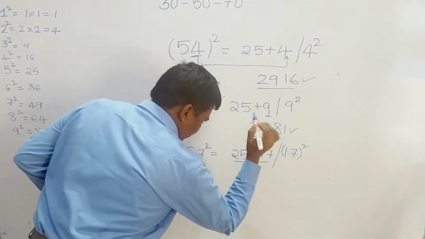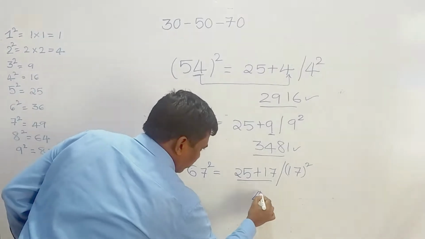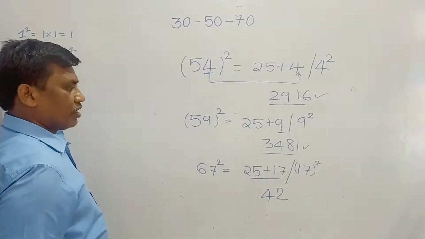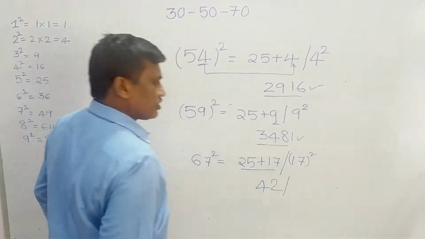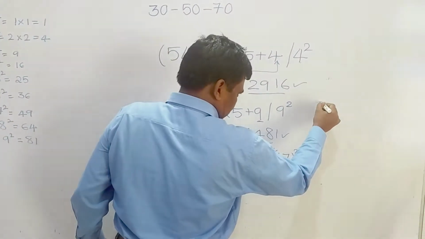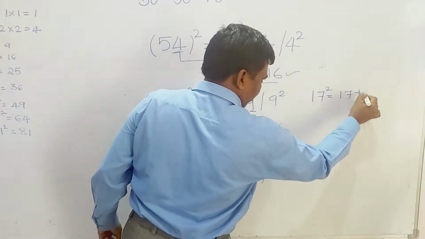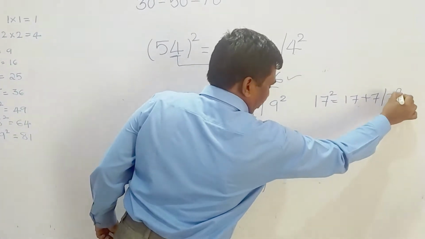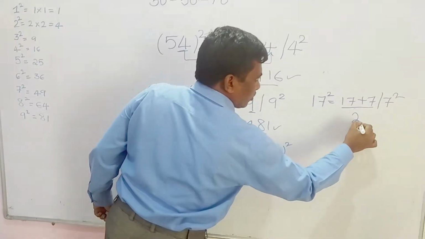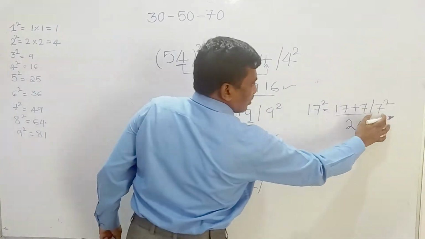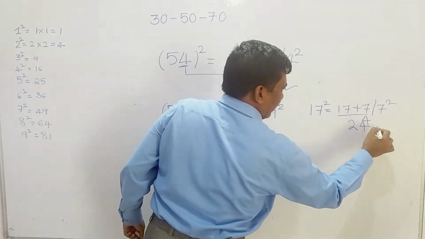This will become 42. Now 17 square equals 17 plus 7, slash, 7 square. This is 24, this is 49.